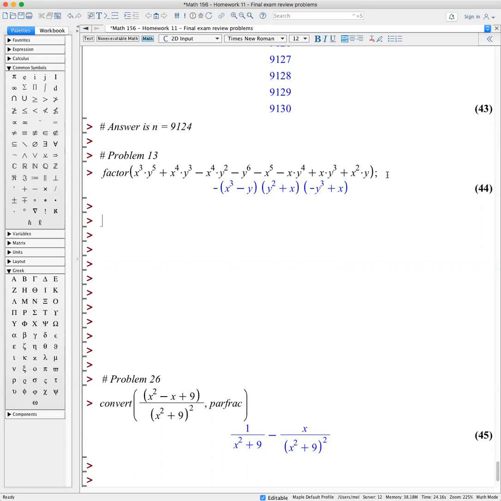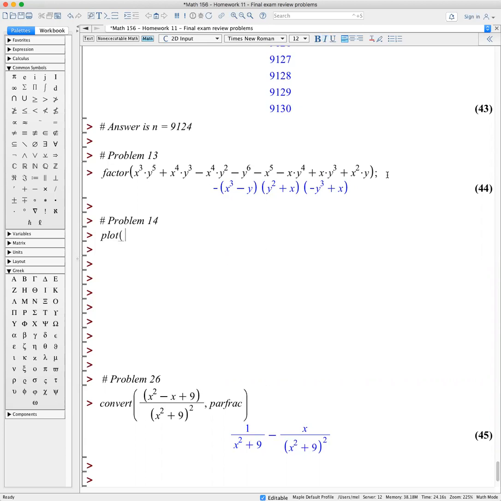Problem 14. Plot two curves and find the equations. Solve the equation. So we're going to plot two curves.